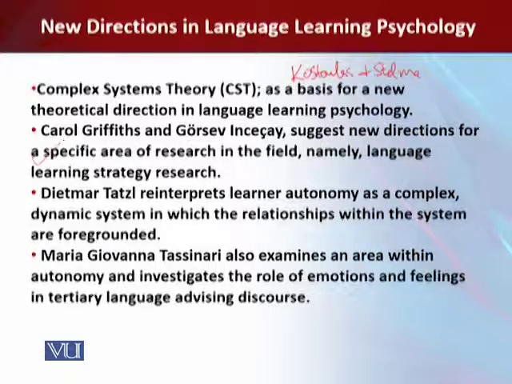Now, Carroll, Griffiths and Gkonou suggest new directions for a specific area of research in the field, namely language learning strategy research. Then we have Dietmar, who reinterprets learner autonomy as a complex dynamic system in which the relationships within the system are foregrounded.